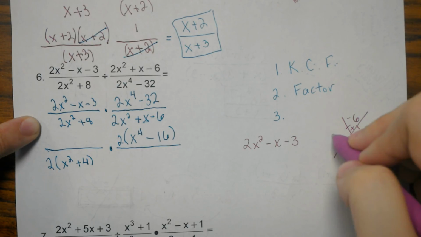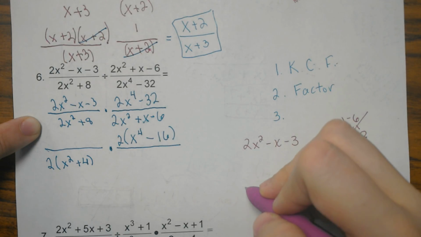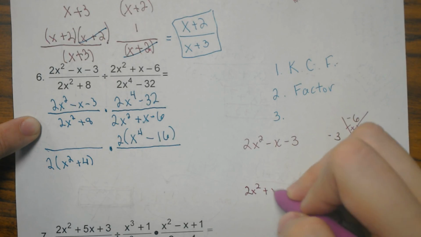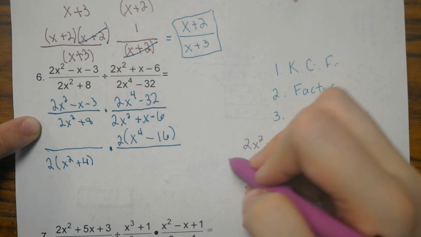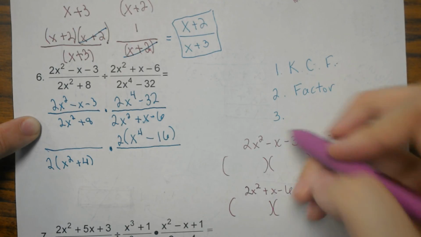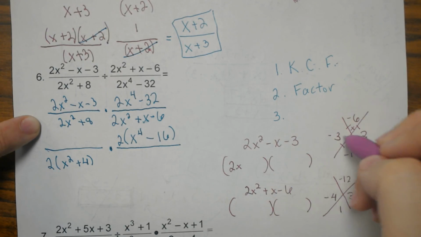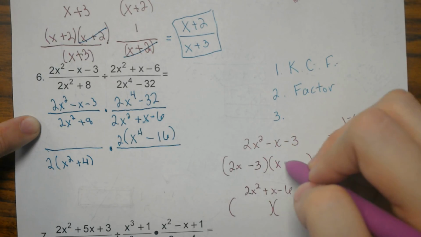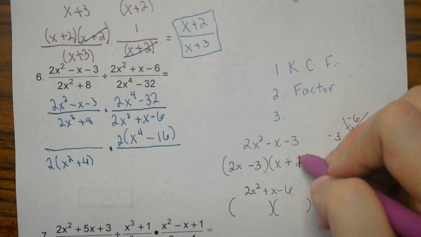That to be negative 1, so that's negative 3 and 2 again. Negative 12, positive 1, negative 4 and 3. That one we did on another problem. Negative 3, x plus 2. Oh, x plus 1, I'm sorry.